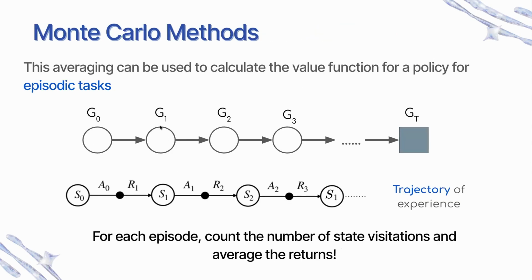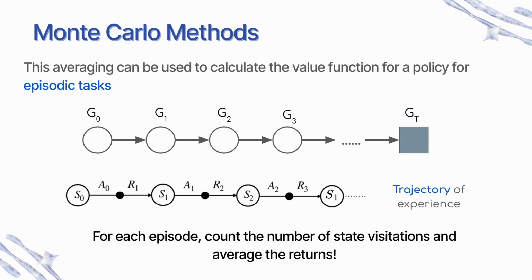Right, so Monte Carlo methods can be used to calculate the value function of a policy for episodic tasks. What is an episodic task? This relates to a question about the loops. It's one which has an end, a chess game, for example. The example I gave last week was, what if there's a loop? What if it's a continuing task?